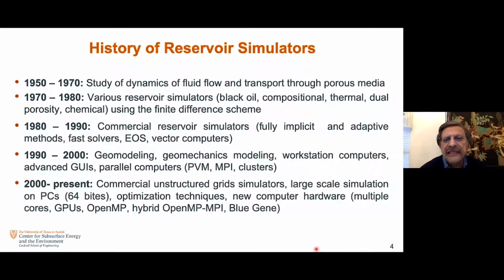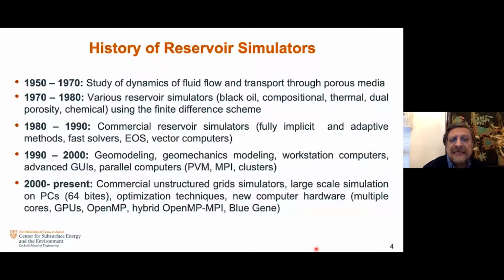In the 70s to 80s, there were various reservoir simulators in very active years, mainly in companies and some universities, specifically University of Texas at Austin, with Professor Coats in that era: development of black oil and subsequently compositional, thermal, dual porosity and chemical simulators, some of which started during that time.